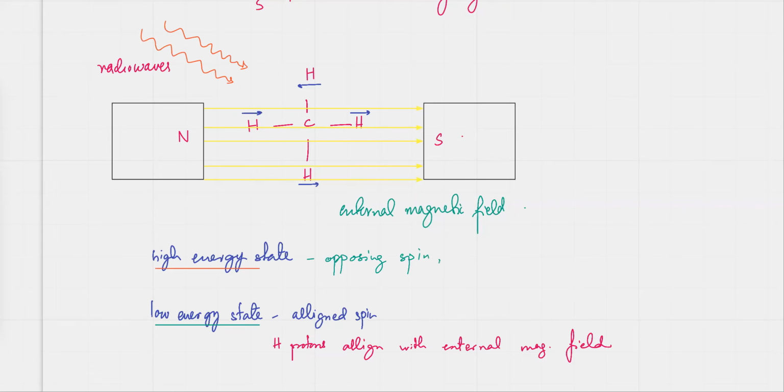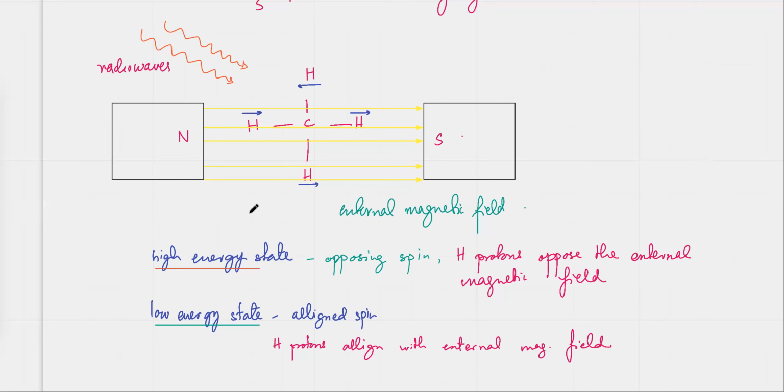In this high energy state, the H protons oppose the external magnetic field. But they need to be very energetic for that. Because by default, the magnetic field would make them point towards south. But if the radio waves are providing them energy and they gain energy, then the more energetic protons would start opposing the external magnetic field.